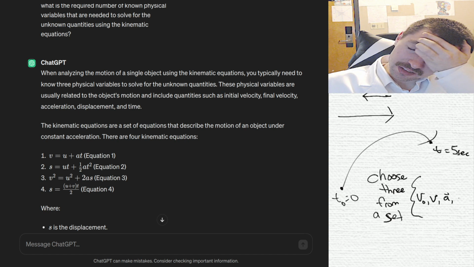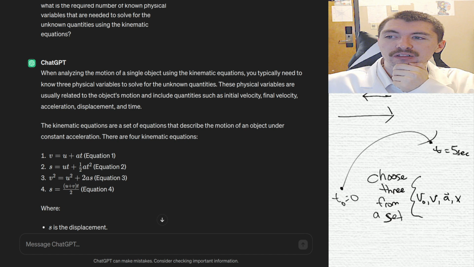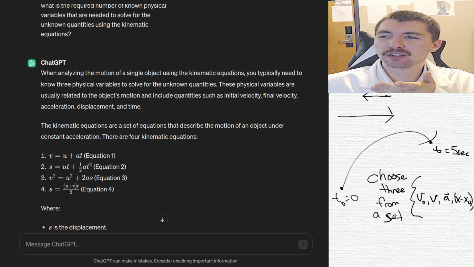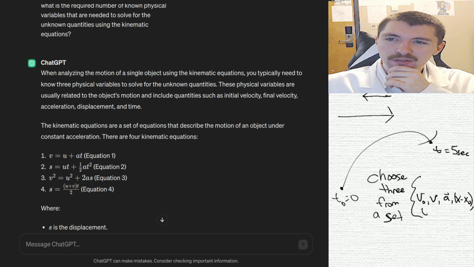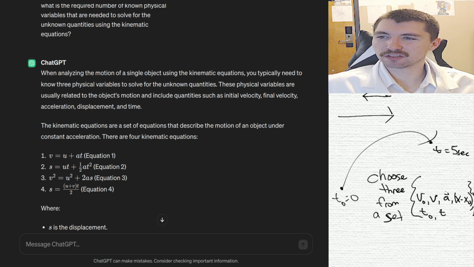Displacement. Is that just x, right? X minus x naught. I think that would just be one variable. So really, this displacement is like 2 variables. And then time. So I'm counting 3, 6, 7.